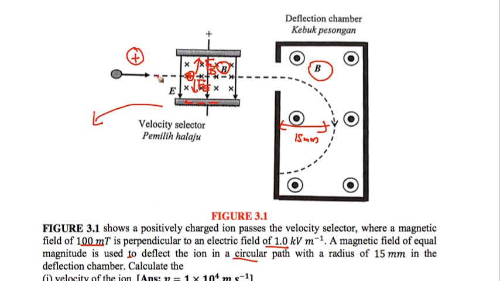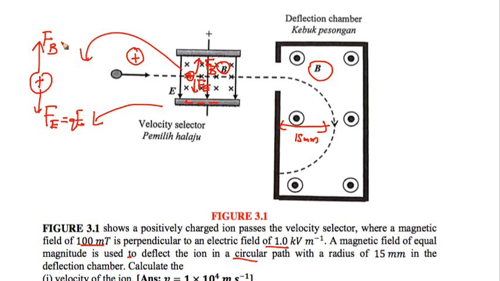So in the region, the positive charge has two forces acting on it. The first force is the magnetic force and the second force is Fe. Fe is equal to the charge times the electric field E, and the magnetic force acting on the positive charge is QVB.